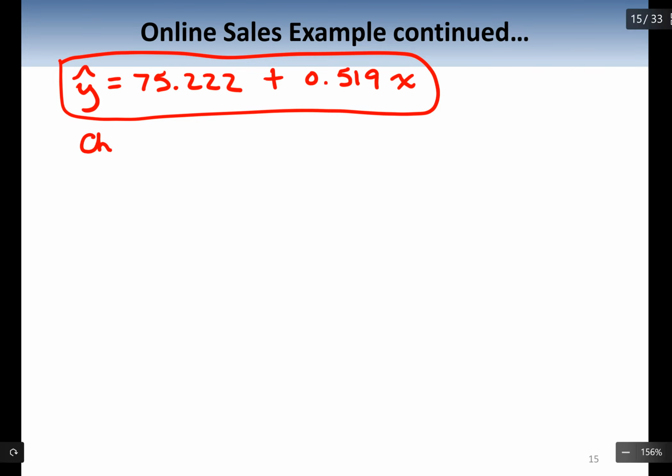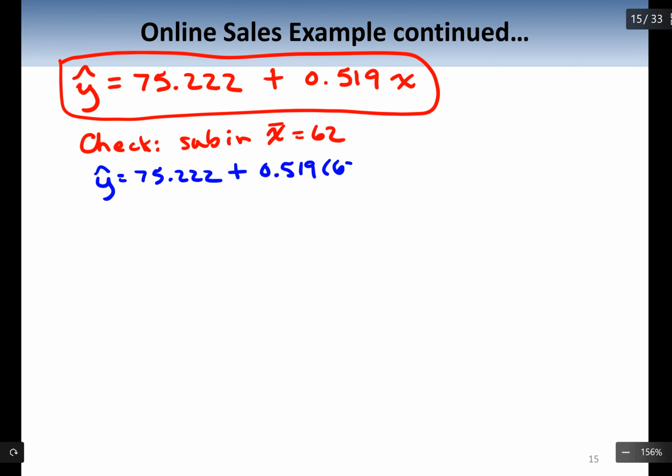And so we can check this. Check, we want to sub in x bar, which is 62 minutes. So when we do this, this is a way to check. I'm just going to use blue here. So y bar equals 75.222 plus 0.519 times 62. Can you predict what that should be?